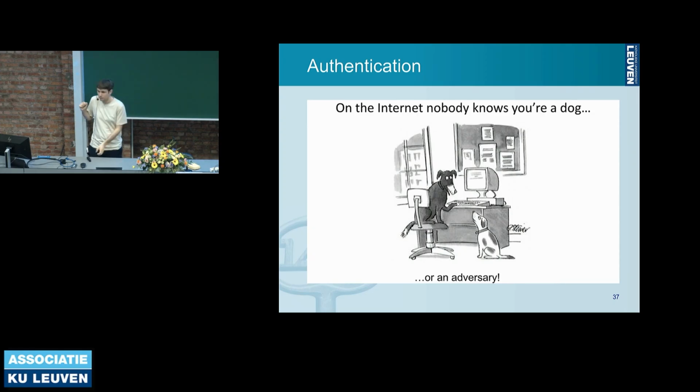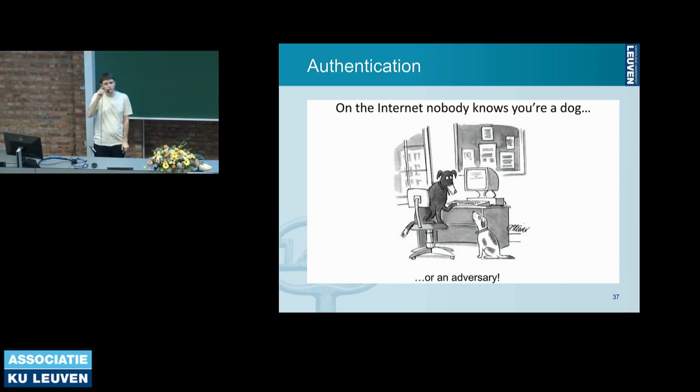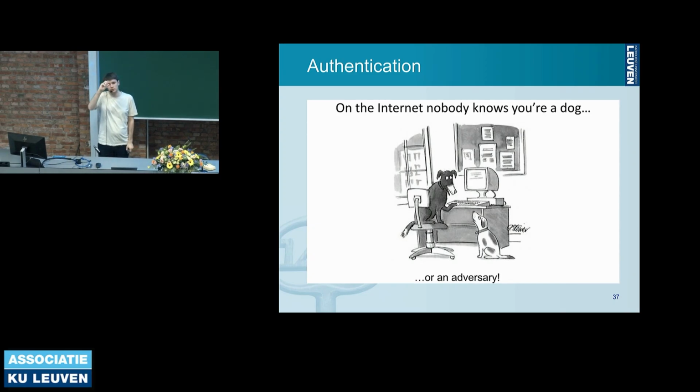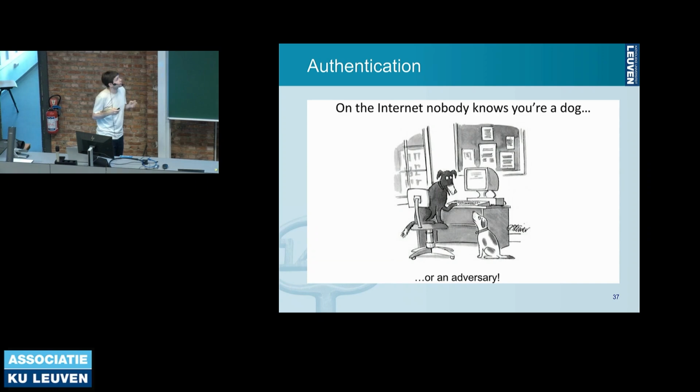So if it's a bank transfer saying I transfer you €1, as an attacker I know more or less where this is going to be set, because it's a standardized message. I just flip this highest bit, and suddenly I will transfer a much bigger amount. So that's a problem that needs to be solved.